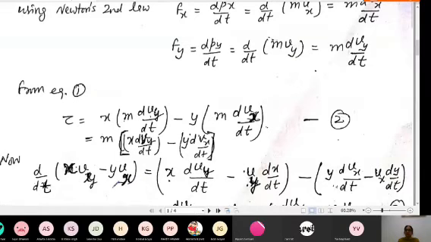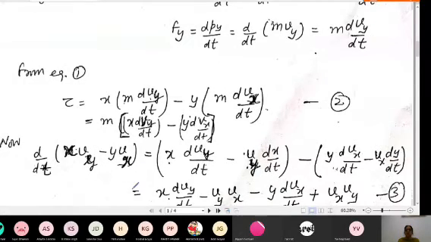What result am I getting? The derivative of u into v is u as it is times derivative of v, plus v as it is times derivative of u. Like you have done with this derivative formula for the product of quantities, that formula you have to apply.